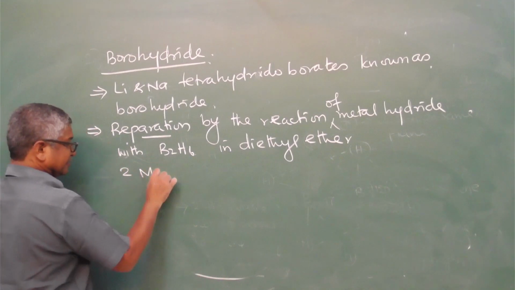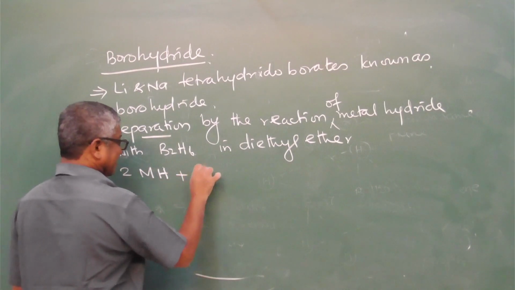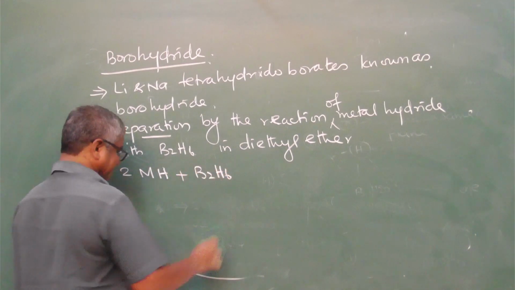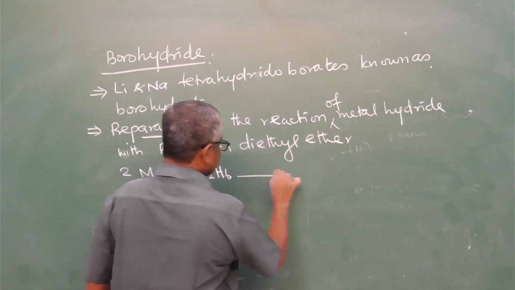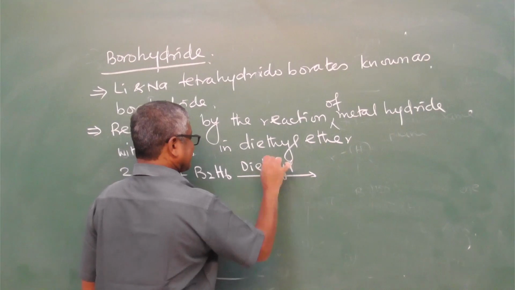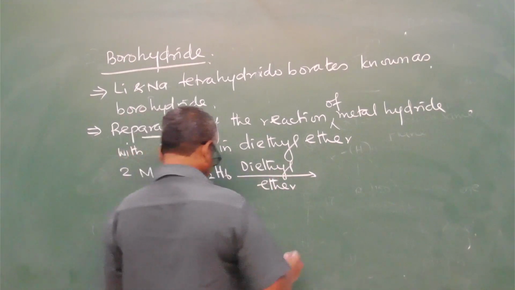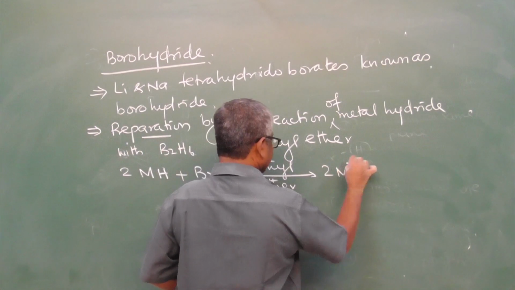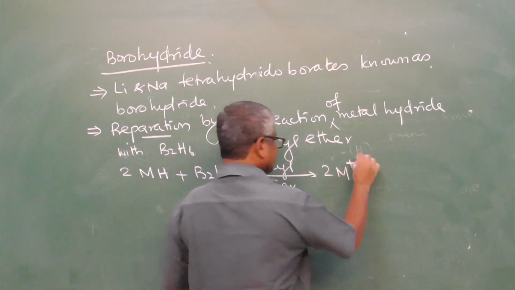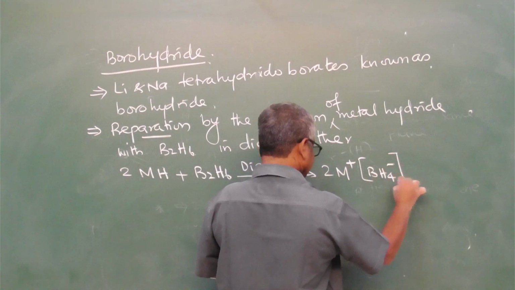Reaction: 2MH, metal hydride, reacts with B2H6 in presence of diethyl ether, forms M plus and BH4 negative charge.